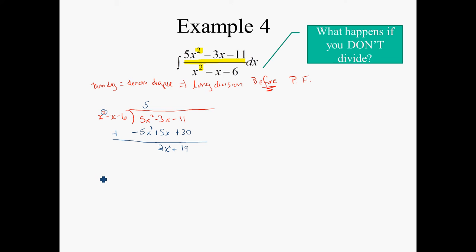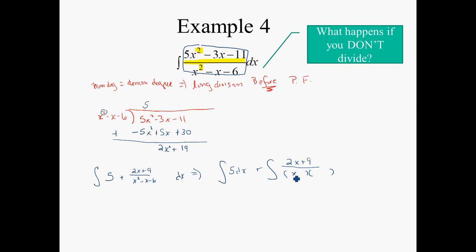So therefore, this expression is the same as 5 plus my remainder on top of what I was dividing by, which means I'm integrating 5 dx, which is easy peasy, plus integrating 2x plus 9 over the factors. That's what I'm going to do partial fractions on.